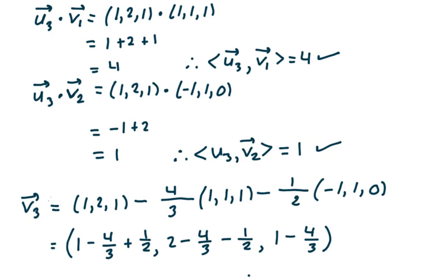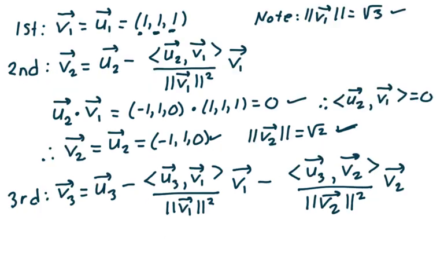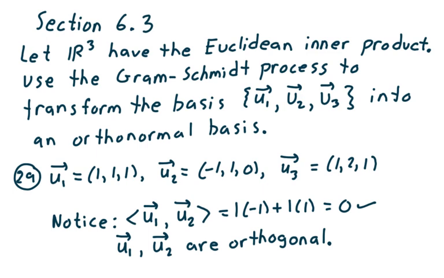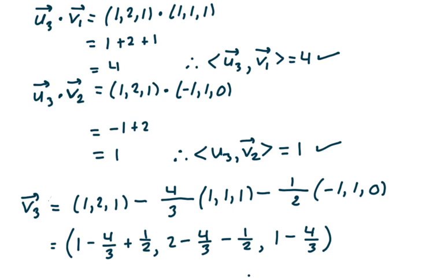So V3 is the vector 1, 2, 1, and don't forget, let's go back. That's U3, right? 1, 2, 1. So I'm going to take the vector 1, 2, 1 minus 4/3 times the vector 1, 1, 1 minus 1/2 times the vector negative 1, 1, 0.